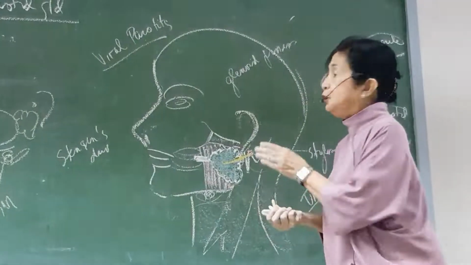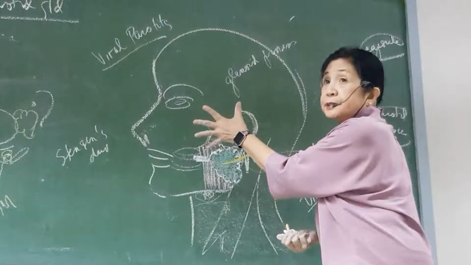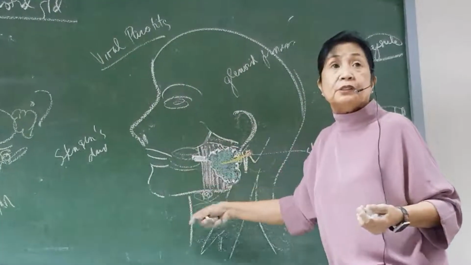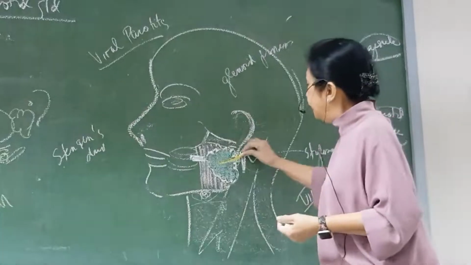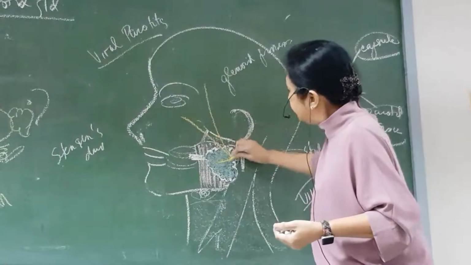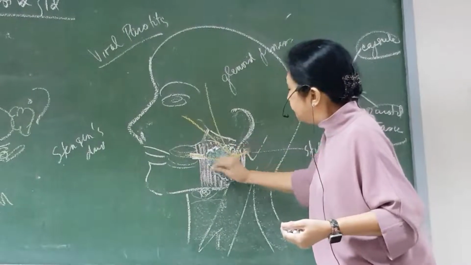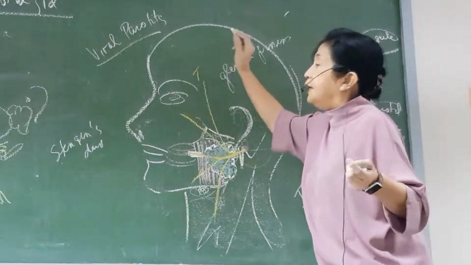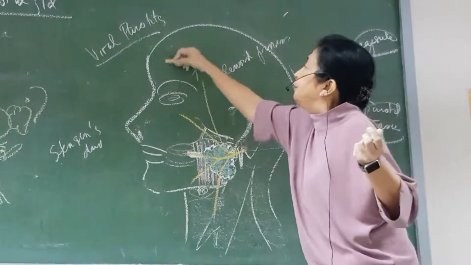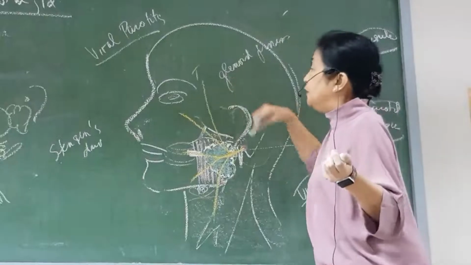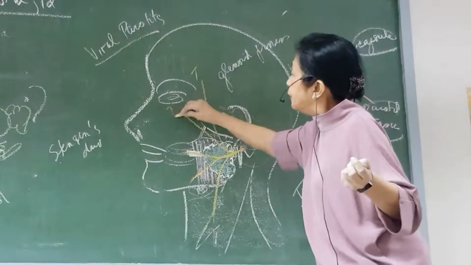And this will divide into 5 terminal branches. Okay? To supply the muscles of the face. So the muscles of the face can move. Okay? And so what are the branches? You have your temporal, you have zygomatic, you have buccal, you have mandibular, you have your cervical. Ano to ulit? Temporal. So yung nagsusupply ng frontalis, upper part orbicularis, anterior auricular, tapos ito, zygomatic.